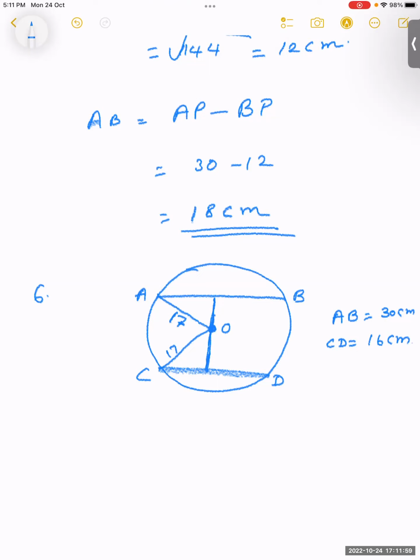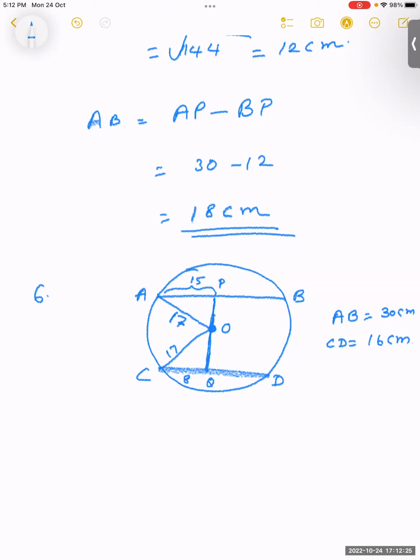So this is going to be 30 by 2. What is 30 by 2? This is going to be 15, based on the theorem we have learned: a perpendicular from the center of the circle bisects AB. Let me make it P and let this be Q. So this is 15 and this side is going to be 8, because CD is bisected.